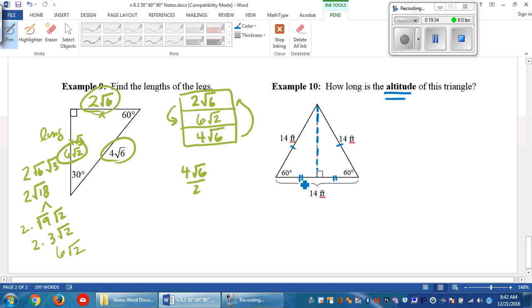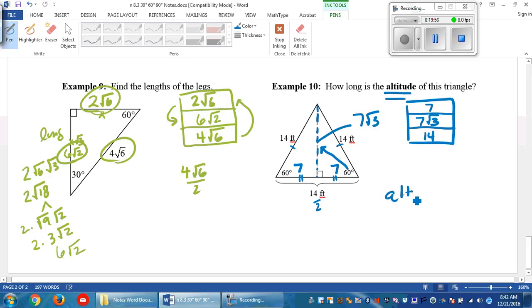So if you divide the 14 by 2, this becomes a side of 7 and 7. Using your 30, 60, 90, from my chart, I know this is 7, this is 14, so this has to be 7 root 3, which is the long leg here. So the altitude equals 7 root 3.